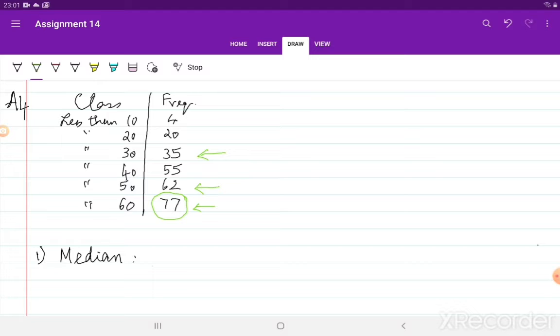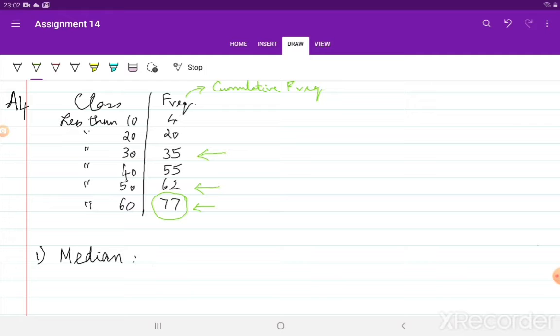So I hope you have recognized this as the cumulative frequency, because it is always in the case of cumulative frequency that we have classes as less than 10, less than 20 or so on. Or in the other case, you can have more than 10, more than 20 and so on.